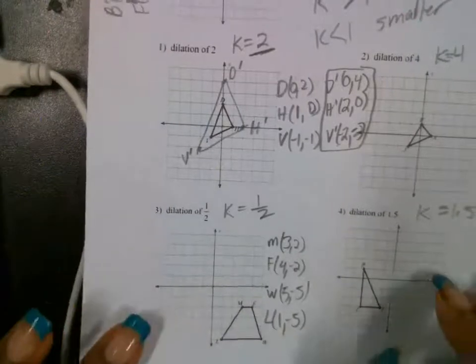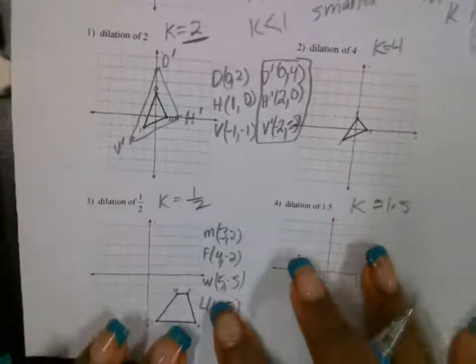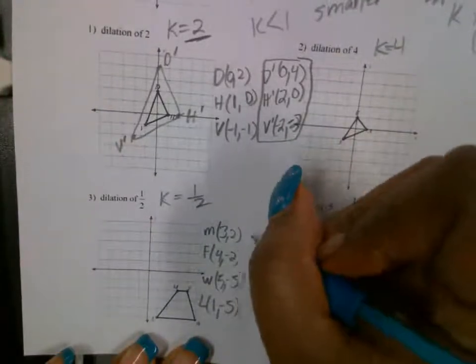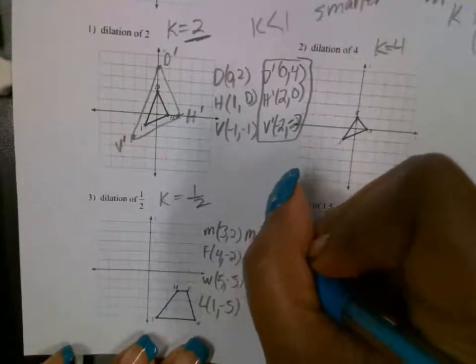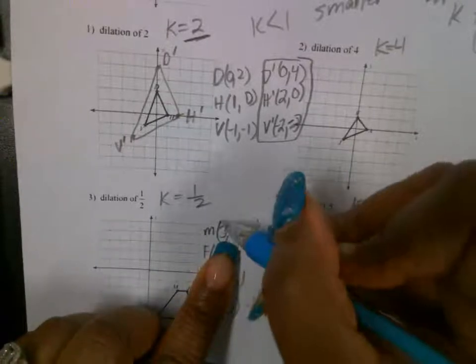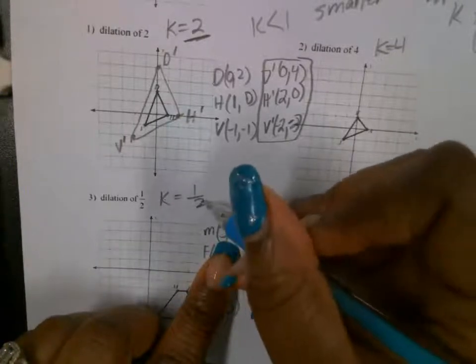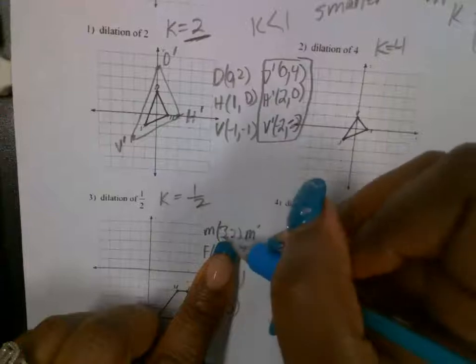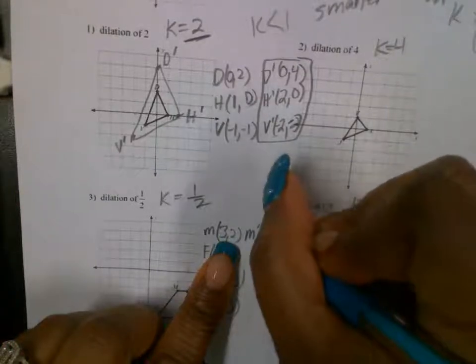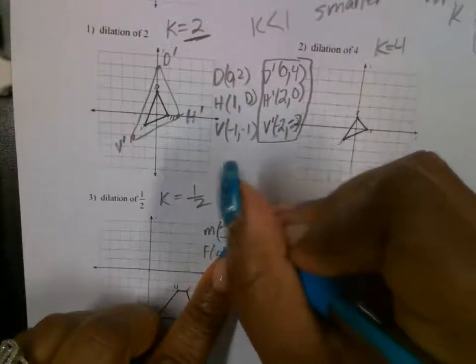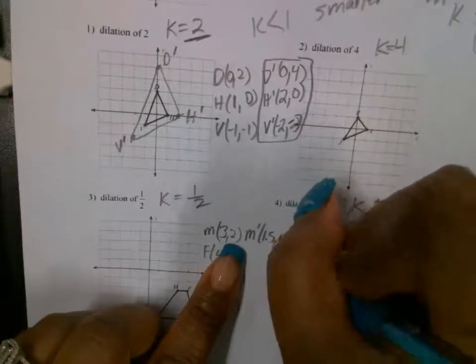All right, so let's cut these in half. Dilate by half. So M prime, when you cut both of these in half, half of 3 is 1.5. Half of 2 is 1.